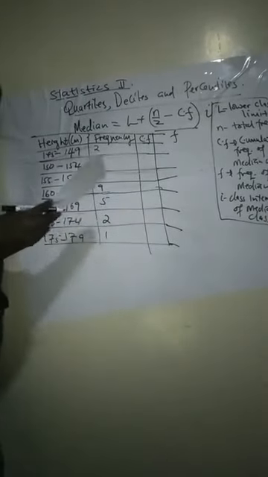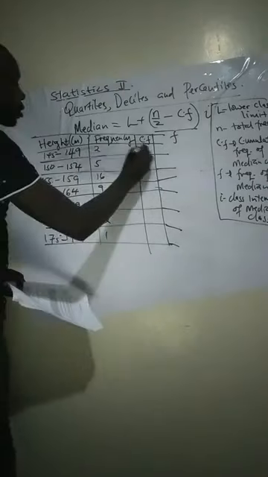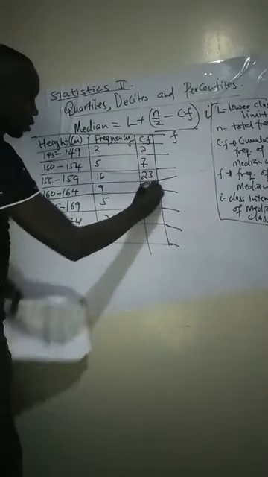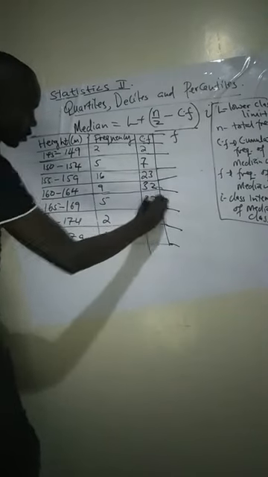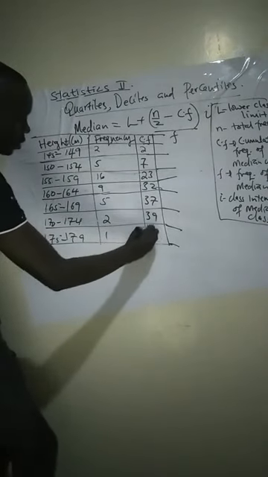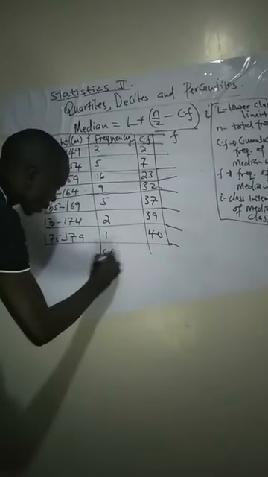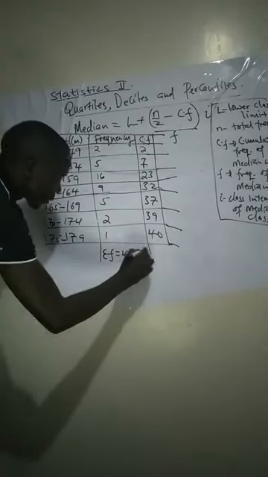So CF, can you see? CF is 2, 7, 23, 32, 37, 39, 40. That is the cumulative frequency, and indeed, when you add this, the summation of F, you should get 40.